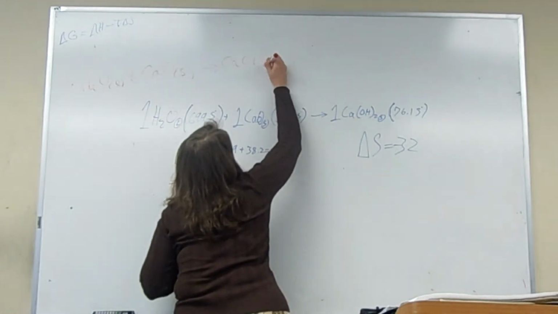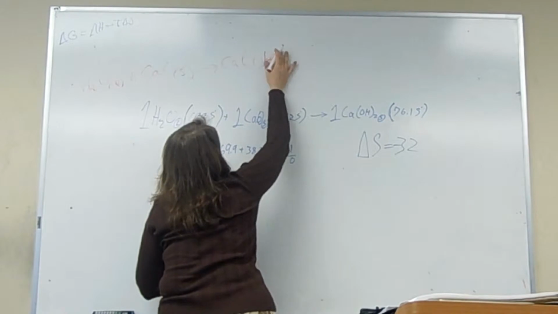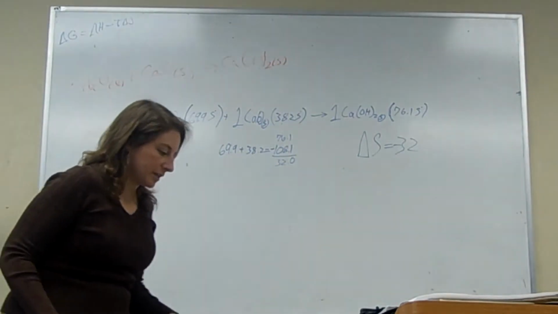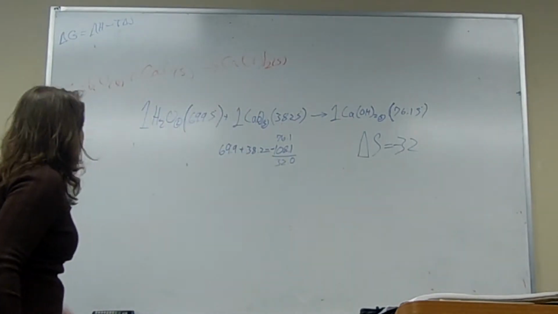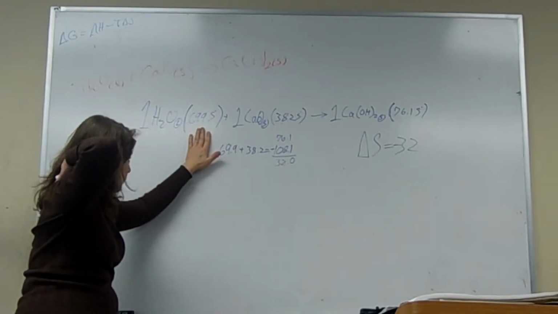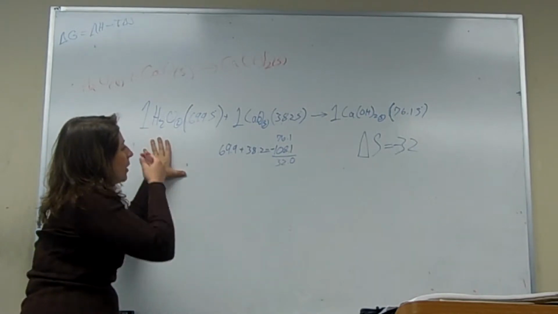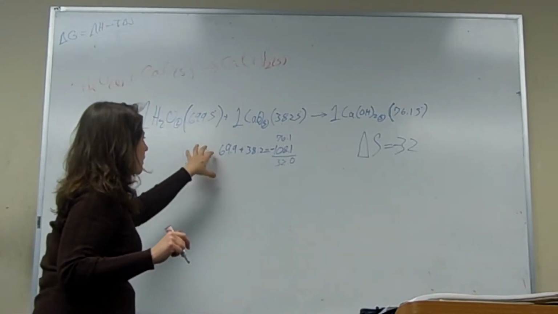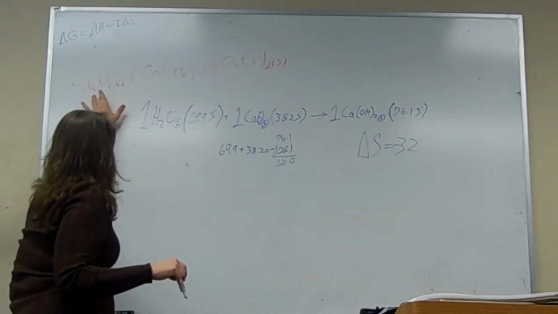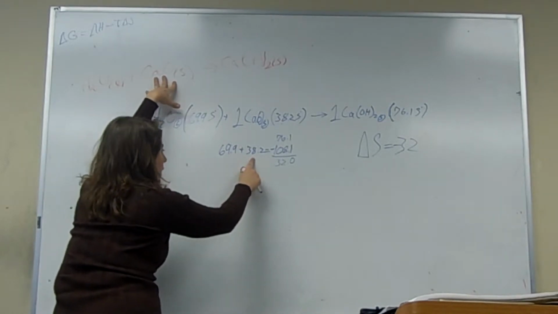There's only one, a solid, and it's balanced, all coefficients of 1. So he took 1 mole of water times its entropy. Oh, that is a balanced equation. He just plugged in numbers to keep us all straight. So this one is entropy of water and entropy of calcium oxide.